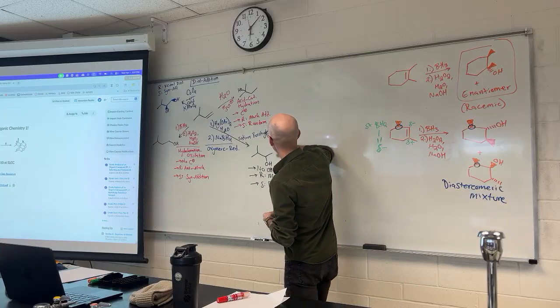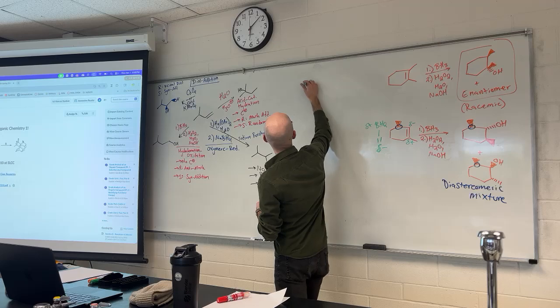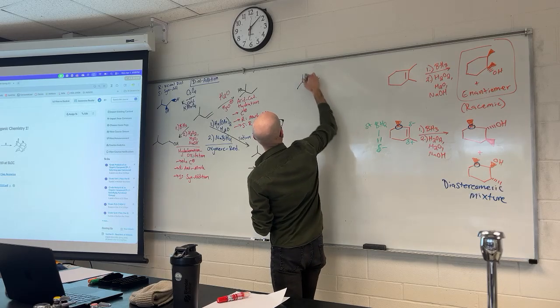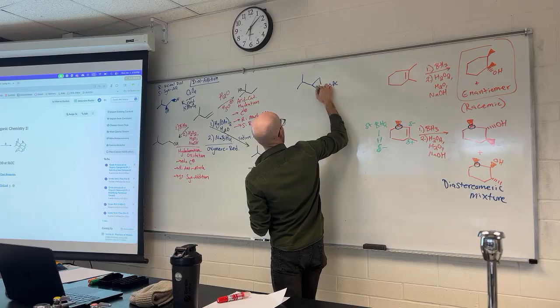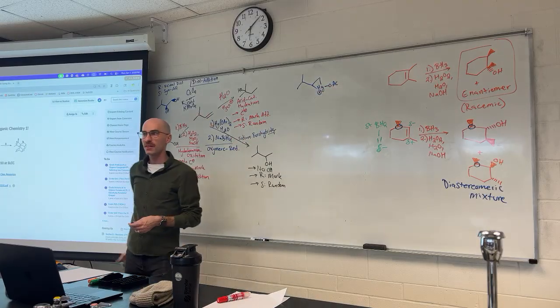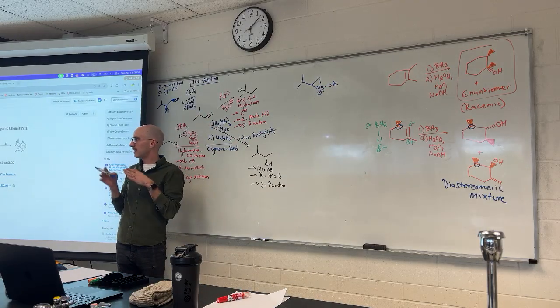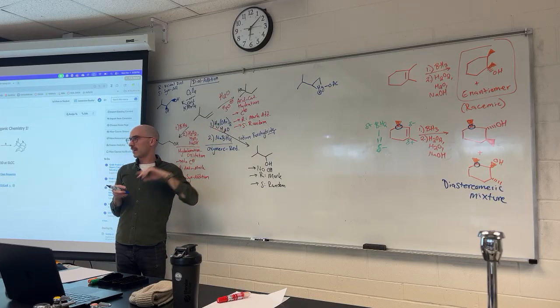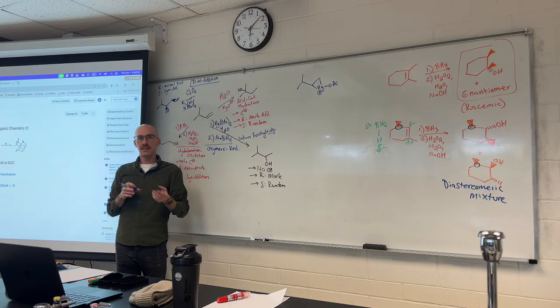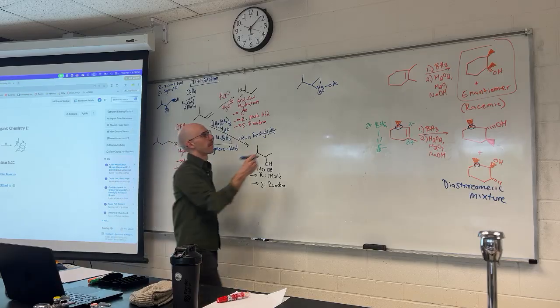Oxymercuration reduction is very cool because it gives you a mercuronium ring, which is a lot like the halogenation ring, the halonium ring. That's why oxymercuration doesn't go through a rearrangement.